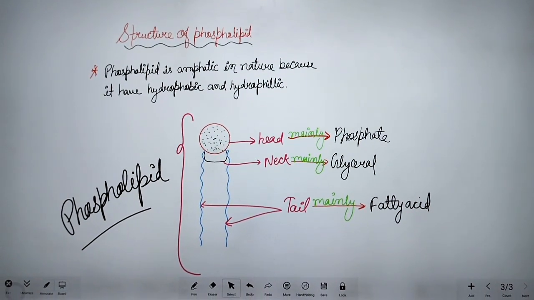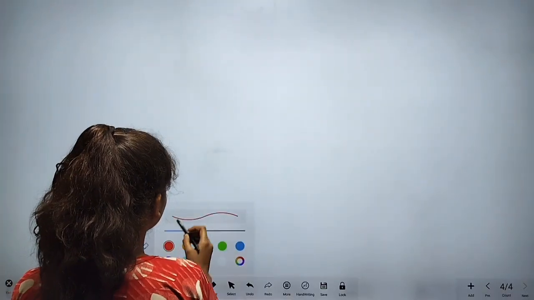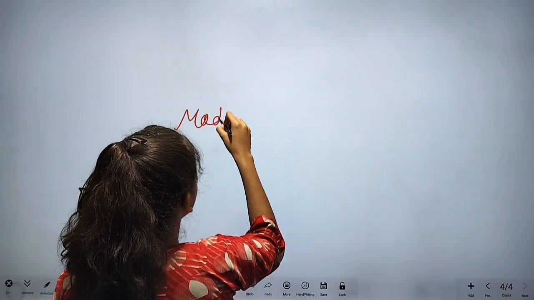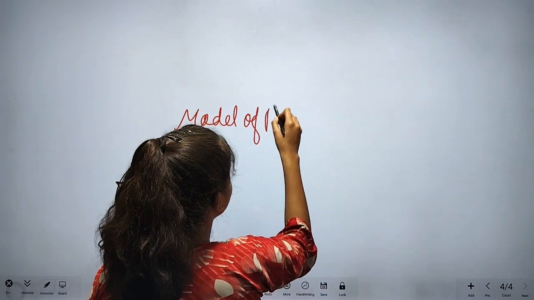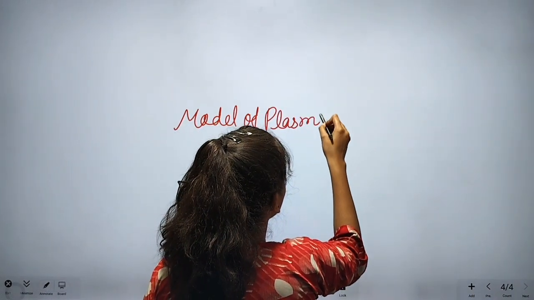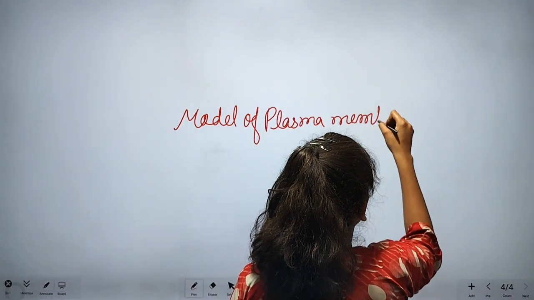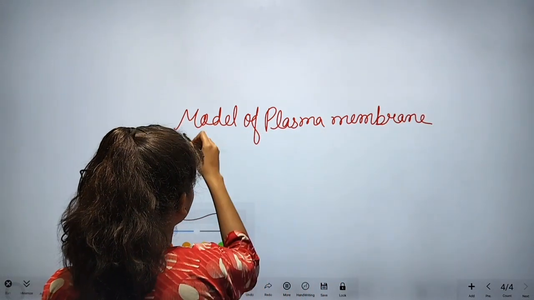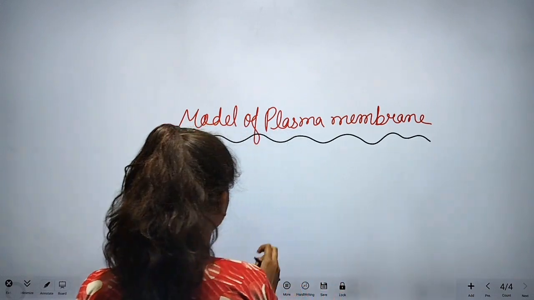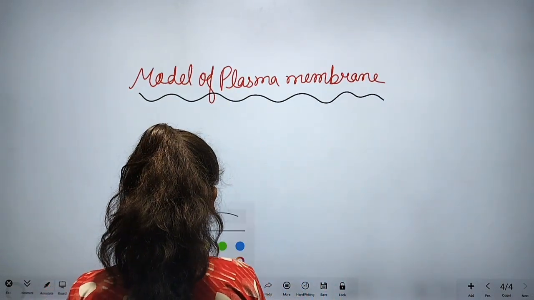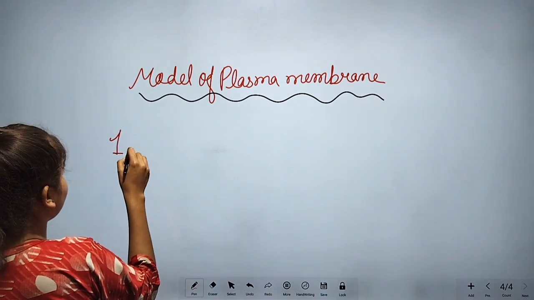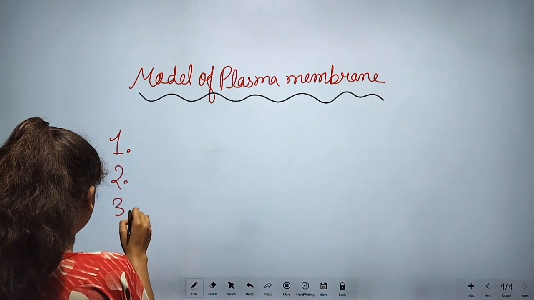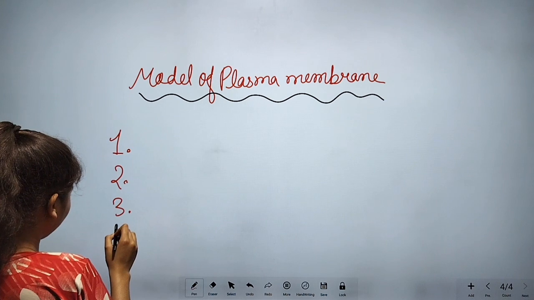Okay, let us now discuss the models of the plasma membrane. So there are four models.